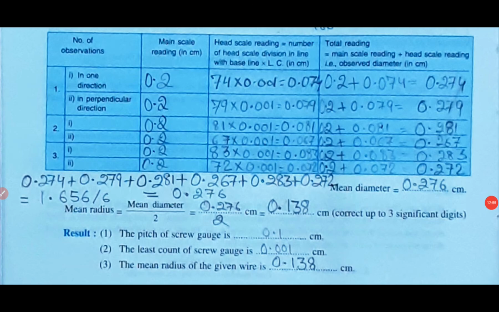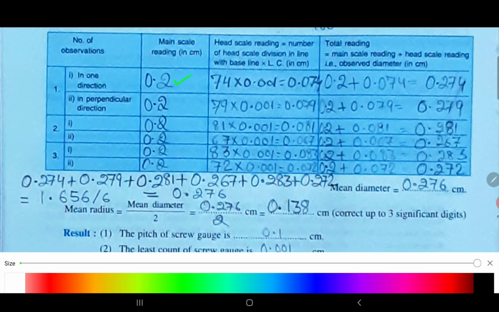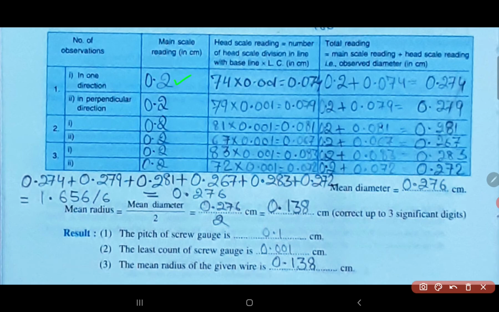So here you can see I have done the calculation part also, and I have taken the other readings also. So now I have converted that main scale reading, which was 2 millimeter, into 0.2 centimeter, right. I hope you have understood this particular conversion.